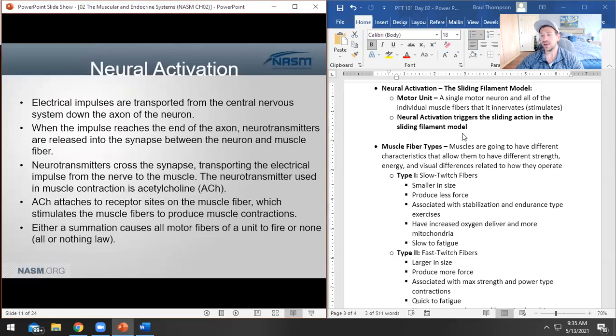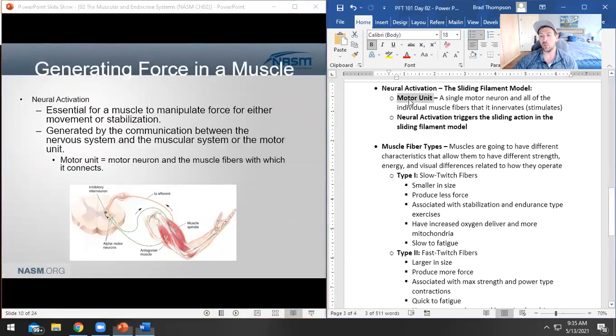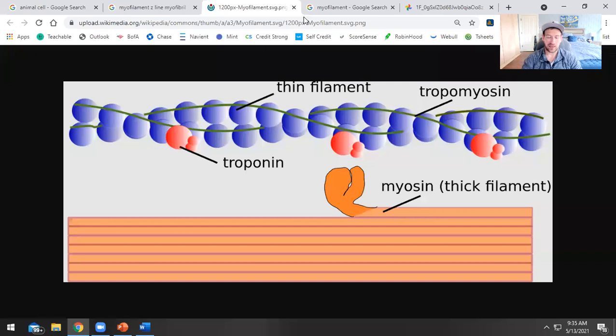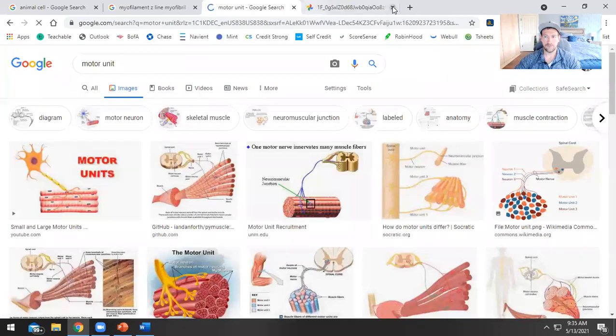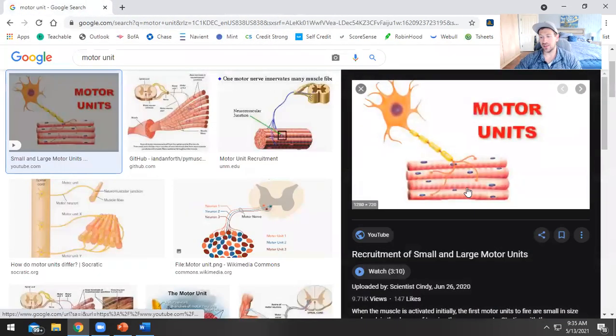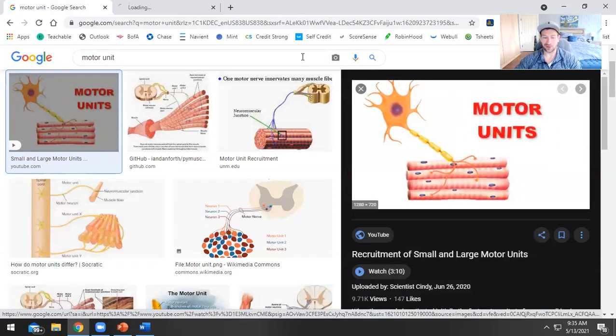So this process is happening thanks to what we call a motor unit, right? So what a motor unit is, it's a single motor neuron, right? This little green wire right here, and all of the individual muscle fibers, all the individual muscle cells that it stimulates, right? And so if we look at a motor unit, you'll see this is kind of a rudimentary drawing, but it actually works really well.